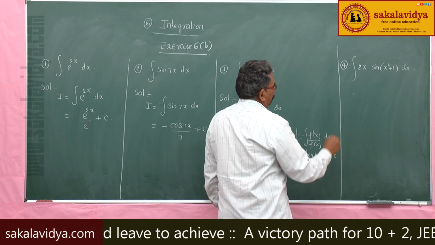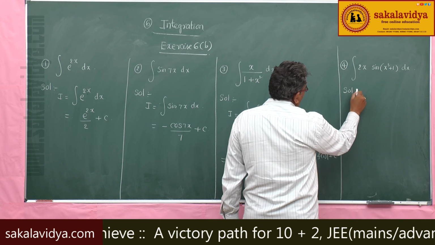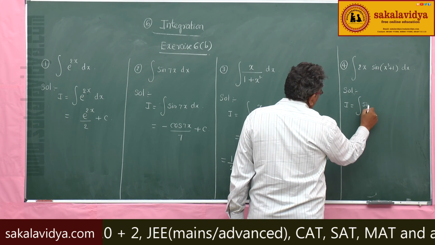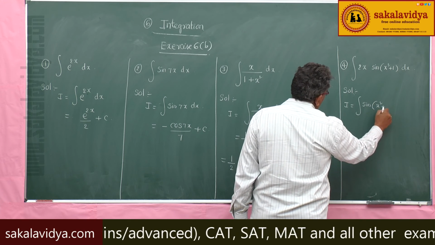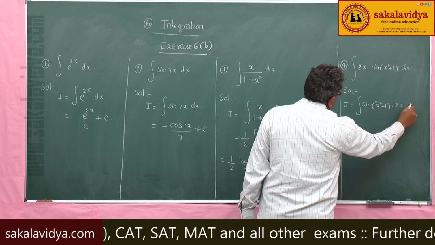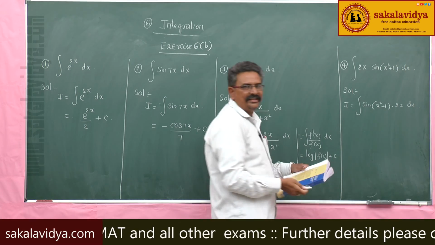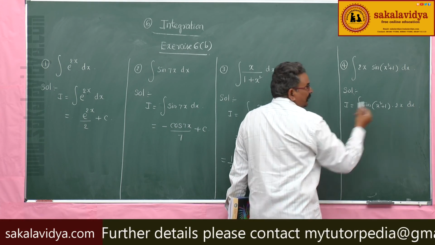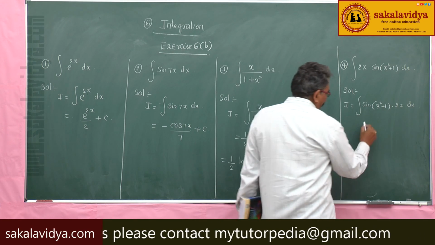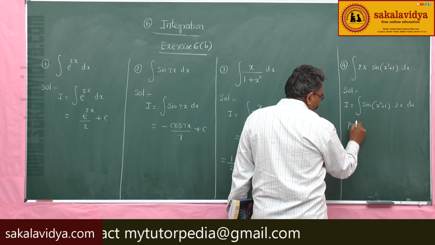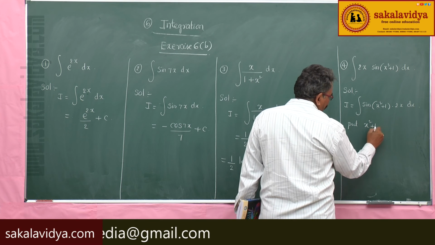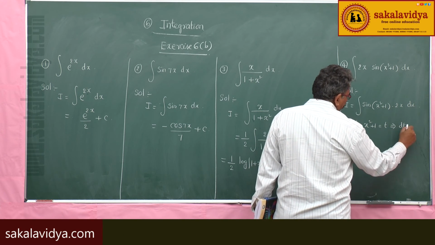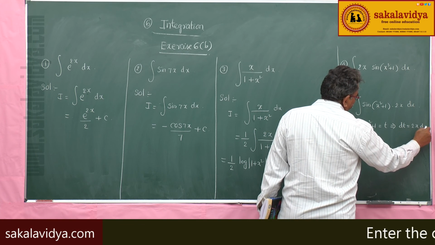Now solution. I is equal to the integral of sin of x square plus 1 multiplied by 2x dx. Here you see this 2x is the derivative of x square plus 1. So, if you put x square plus 1 equal to t, then dt by dx is 2x, so dt is equal to 2x dx.